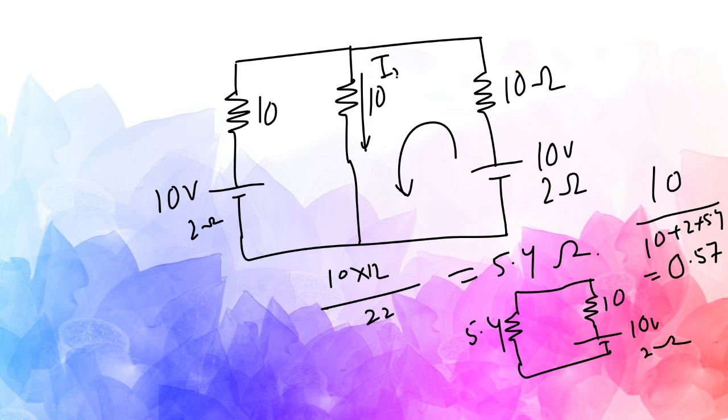Let us say this is I2, so I2 equals 0.57 ampere.